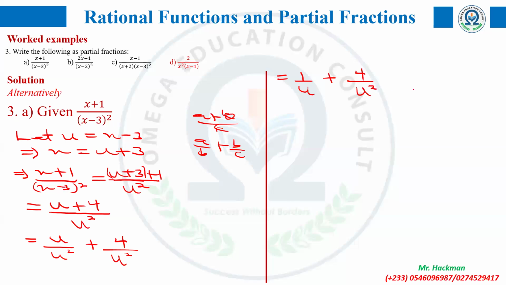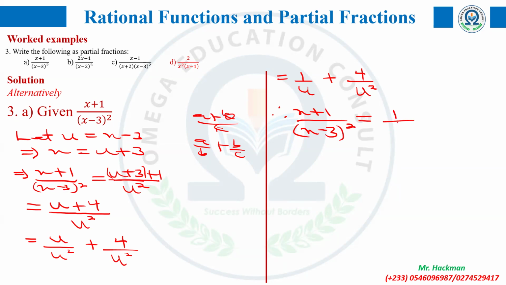Now u has served its purpose. So since your expression came in x, your conclusion must also be in x. So at this point, I am going to substitute the u back. So therefore, my x plus 1 over my x minus 3 all squared will resolve into 1 over u.